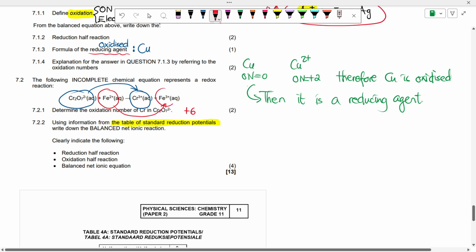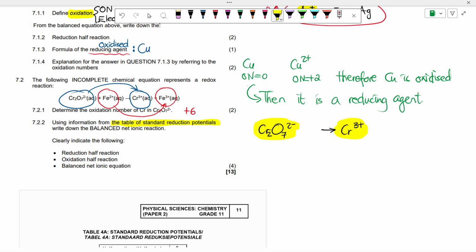You look at its product, then you can tell that Cr2O7 2 minus goes on to become chromium 3 plus. So in your half reactions, you should look for those two things. There are going to be some other things added, but the key is to look for these two. If those two are not represented the way they are, then it's not the correct half reaction.